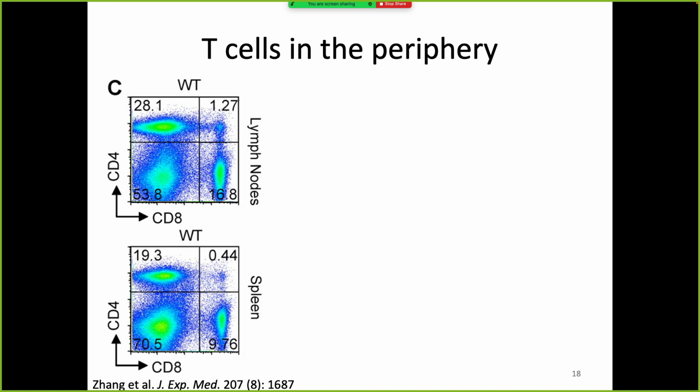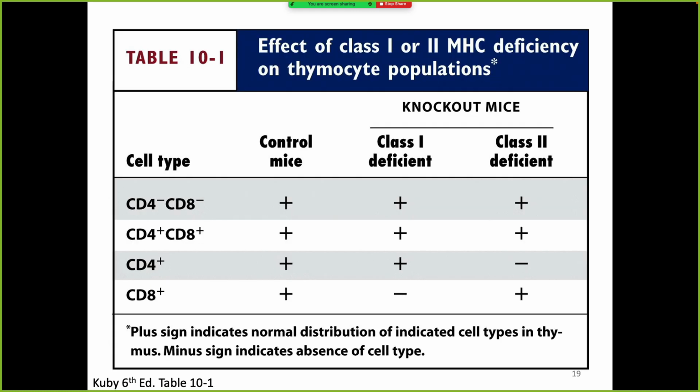So we can, like I said, look at the outcomes of different types of mutations that should impact T cell development by looking at what we see in the periphery. And one of the first things that people did was some experiments where they had mice that either did not have MHC class 1 or mice that did not have MHC class 2.